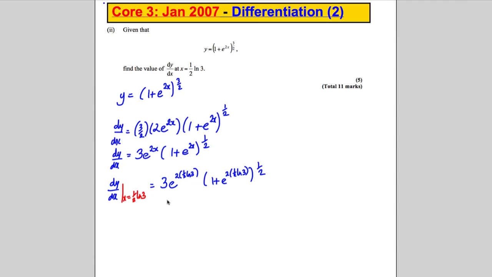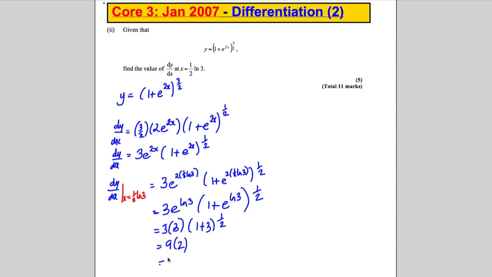Now, 2 times a half ln 3 is just ln 3, so that's 3e to the ln 3, 1 plus, for the same reasons, e to the ln 3 to the half. Well, e to the ln 3 is 3, and you'd have in here 1 plus 3 to the half. 3 times 3 is 9, 1 plus 3 is 4, 4 to the half is 2, so this would give you the answer 18, and you're done.